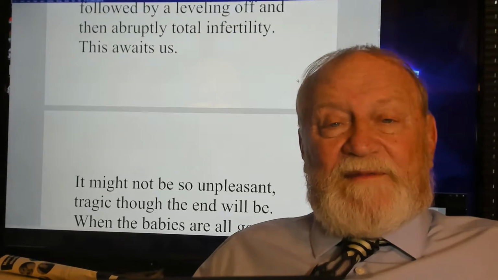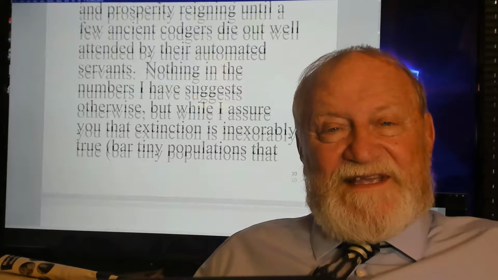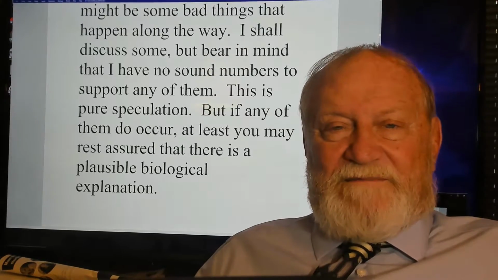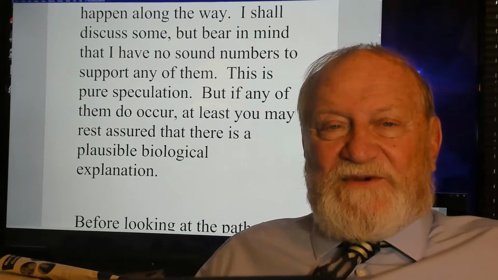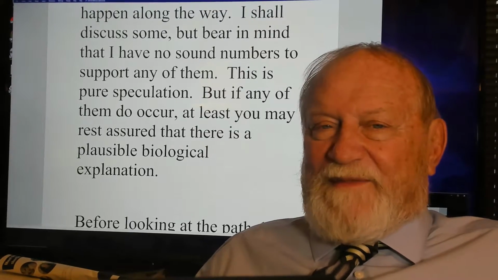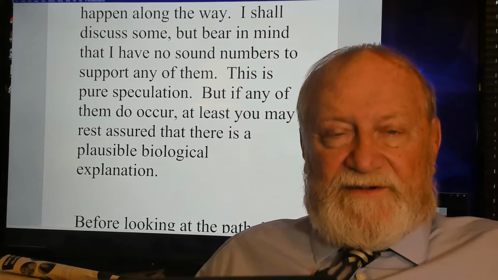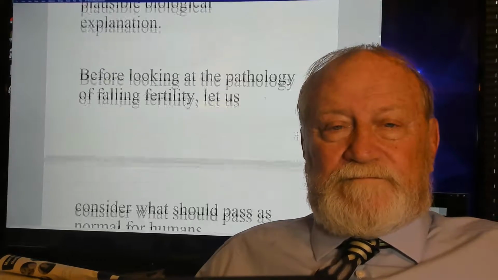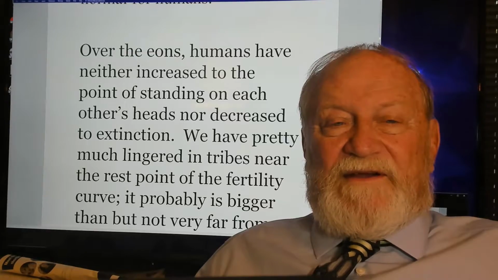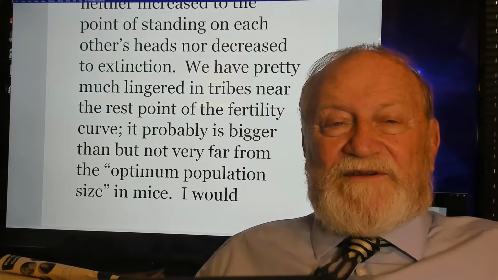That's not the optimum size, really. The optimum size is stability, isn't it? Provided there is a mechanism to restore the population if there's displacement away from stability, and there is. We've been near the balance point for a long, long time.